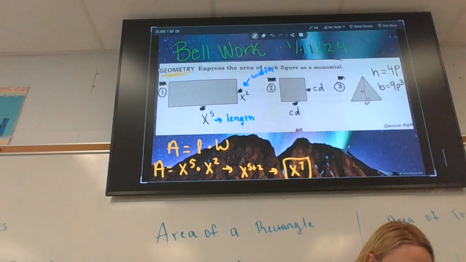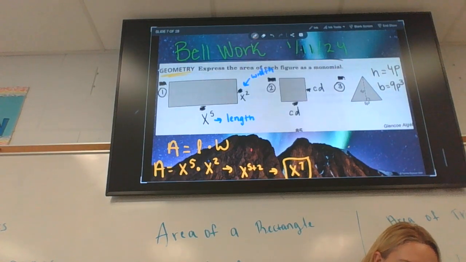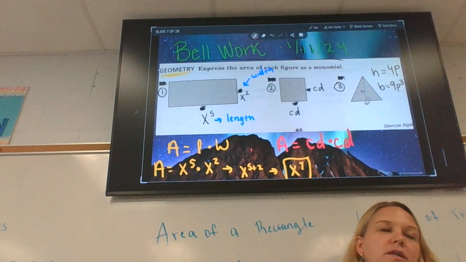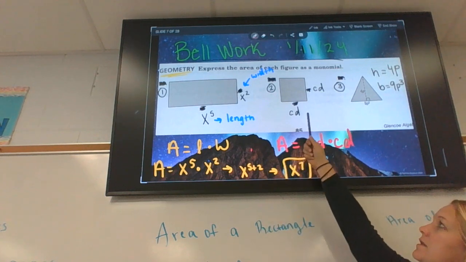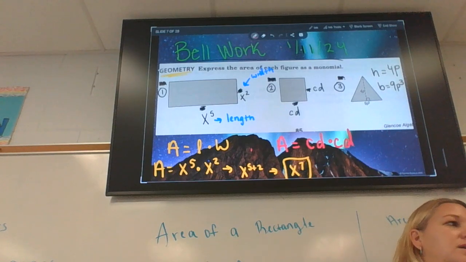Let's do number 2. Area is CD times CD. This length, this width are, because they're the exact same thing, that means it's a square. So we multiply both of those. Well, they have these invisible exponents of 1, right?